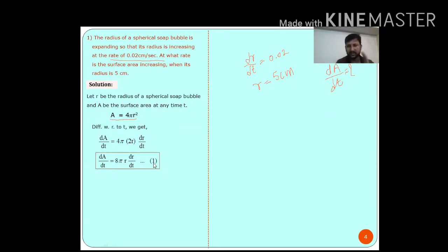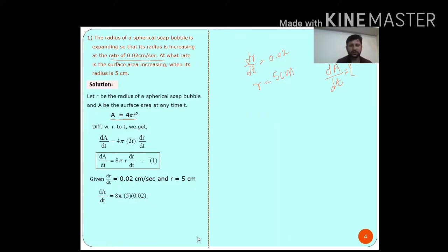Now writing the given values: radius r is 5 centimeter and dr by dt is 0.02. Substitute both values in equation 1. dA by dt is equal to 8 pi, radius r is 5, dr by dt 0.02.